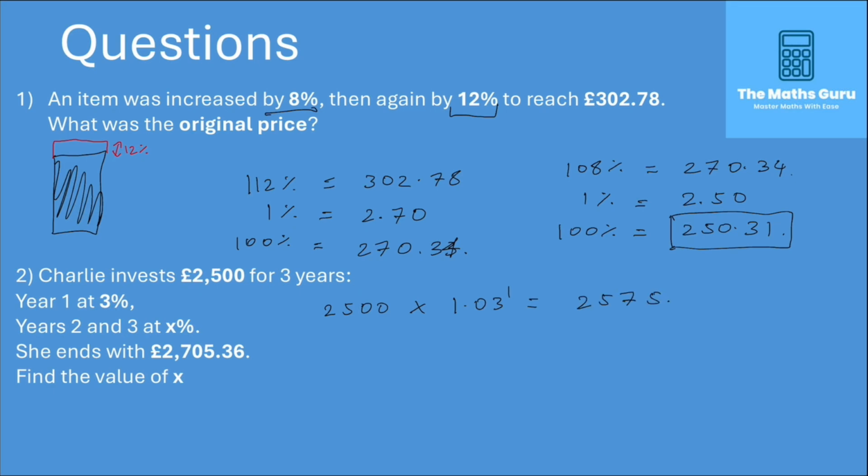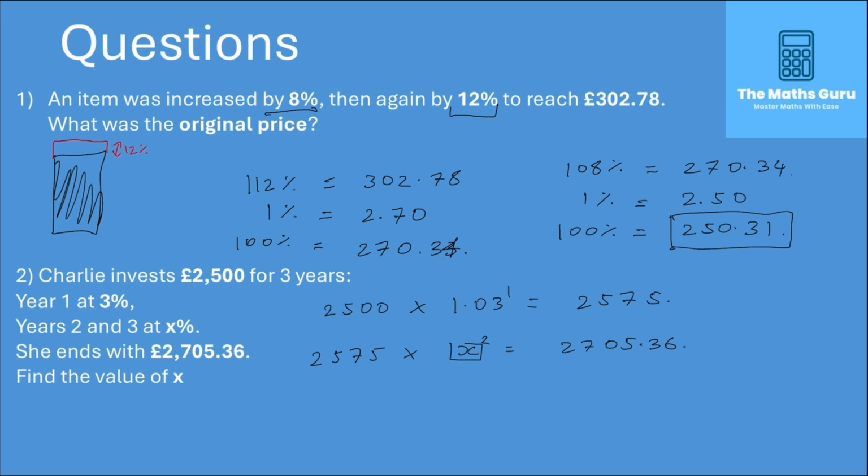Now we can set up the second equation. We have 2,575 times x to the power of 2, which is equal to £2,705.36.